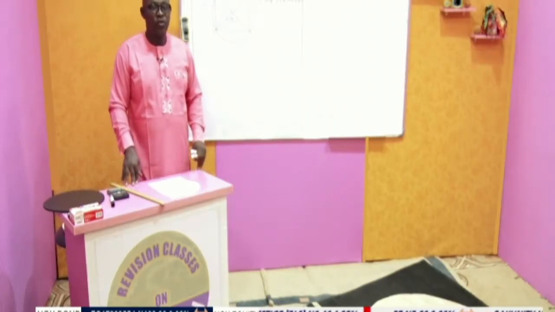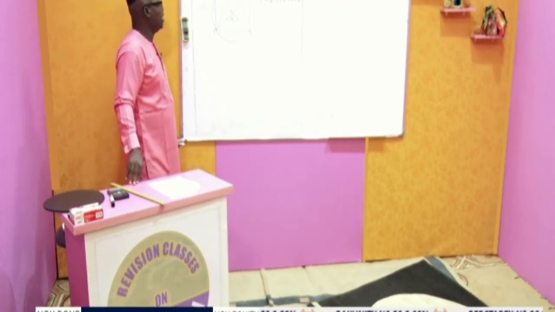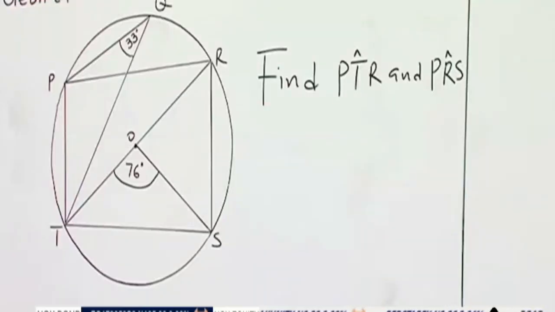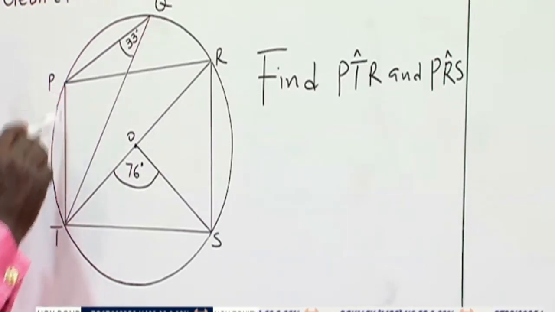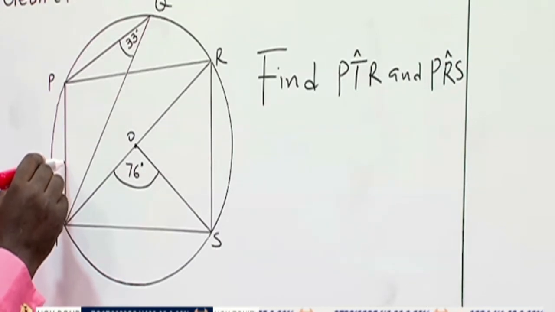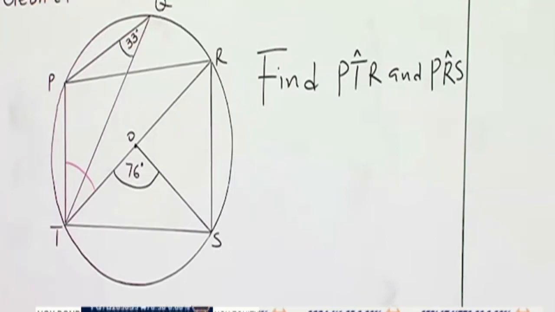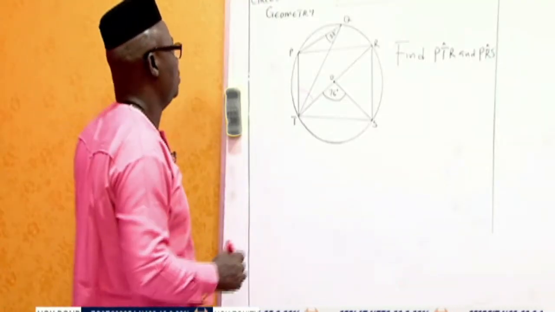Our next question now is on the board. We are required to find angle PTR and angle PRS. So the first thing we do, we identify PTR. This is PTR. So we are looking for this particular angle here. And then we are also looking for PRS.